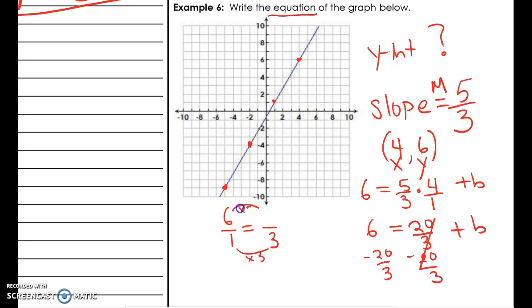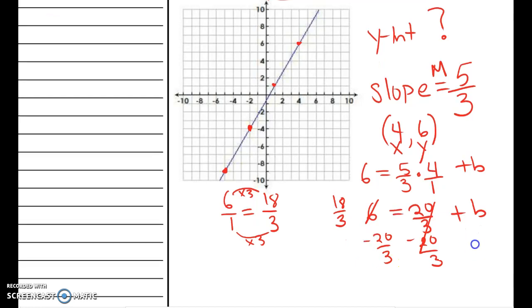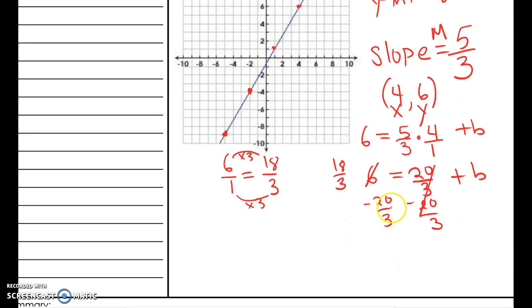So 6 times 3 is 18. So I have 18/3, which is the same as 6, minus 20/3. 18/3 minus 20/3. 18 minus 20 is -2/3 equals b. So I found my y-intercept.